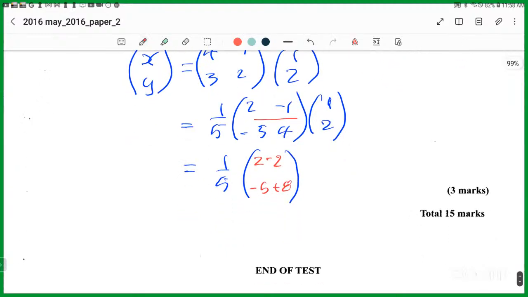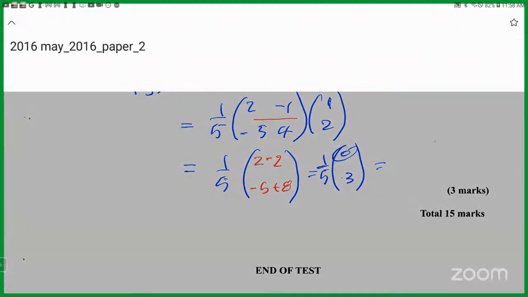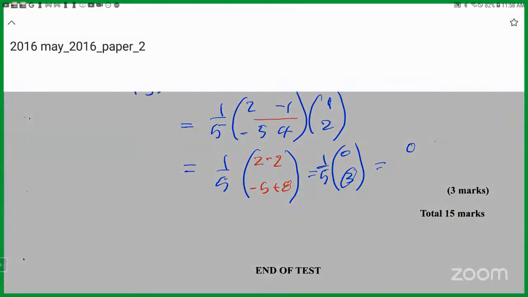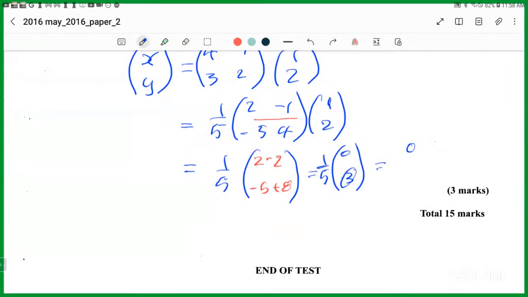So this works out to be 0, and this is 8 minus 5 is 3, and it's 1/5 outside that. So 0 divided by 5 is 0, and 3 divided by 5 is 0.6.